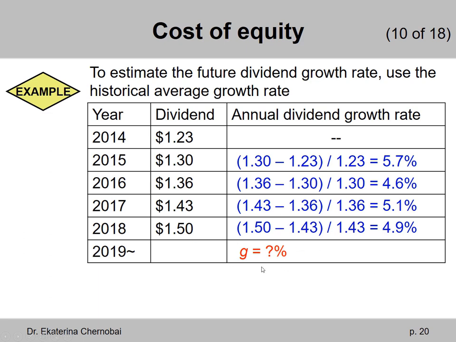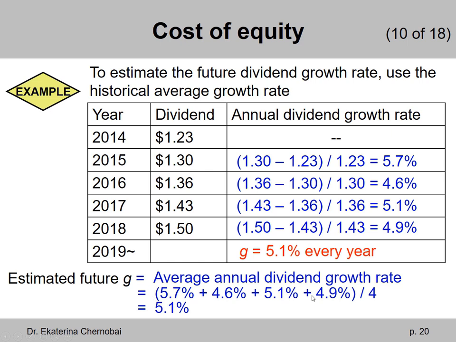So how can we use these historical dividend growth rates for the last 4 years to estimate what we think the growth rate is likely to be in the future, starting here in 2019? Well, maybe we can just take the average of these 4 growth rates. So we take a simple average, 5.7% plus 4.6% plus 5.1% plus 4.9%, and then we divide the sum by 4, which gives us a 5.1% estimated growth rate, lowercase g.